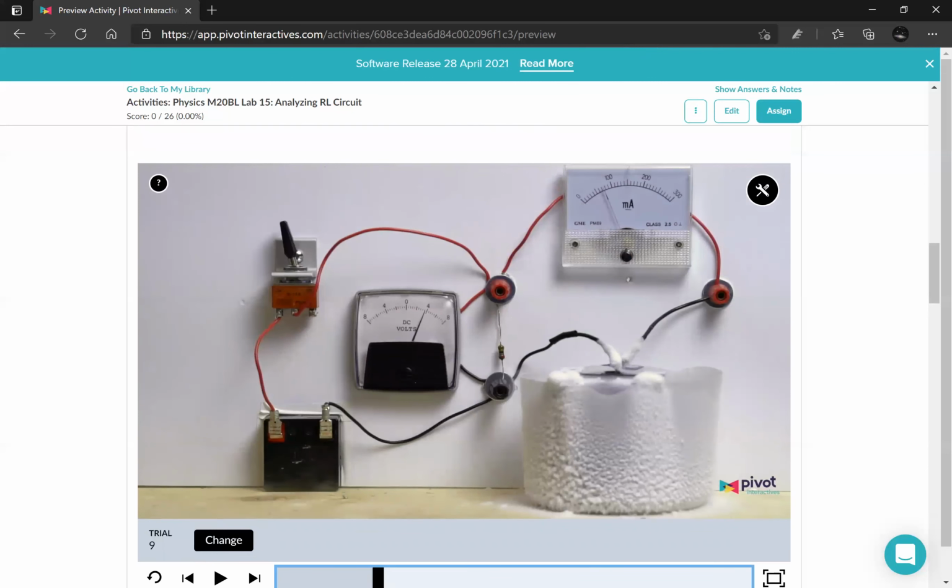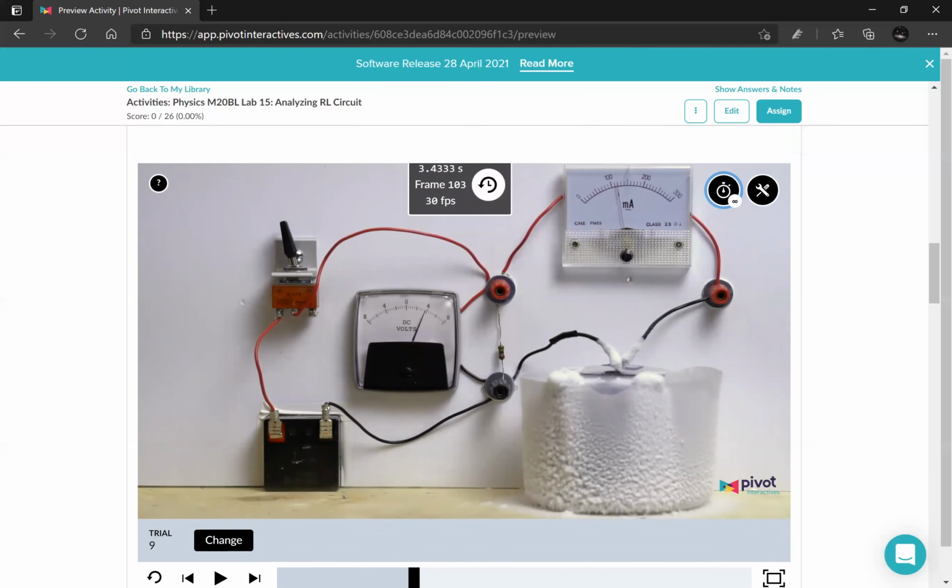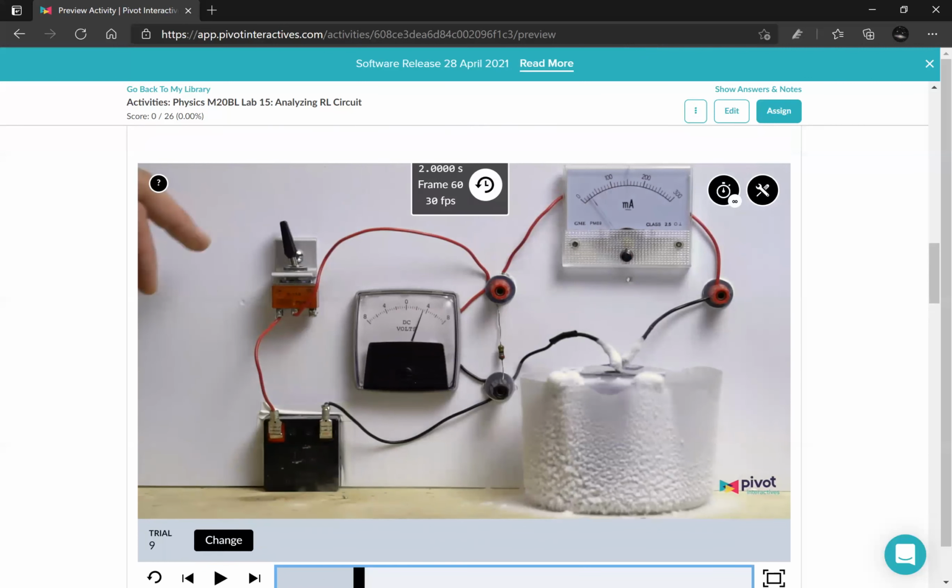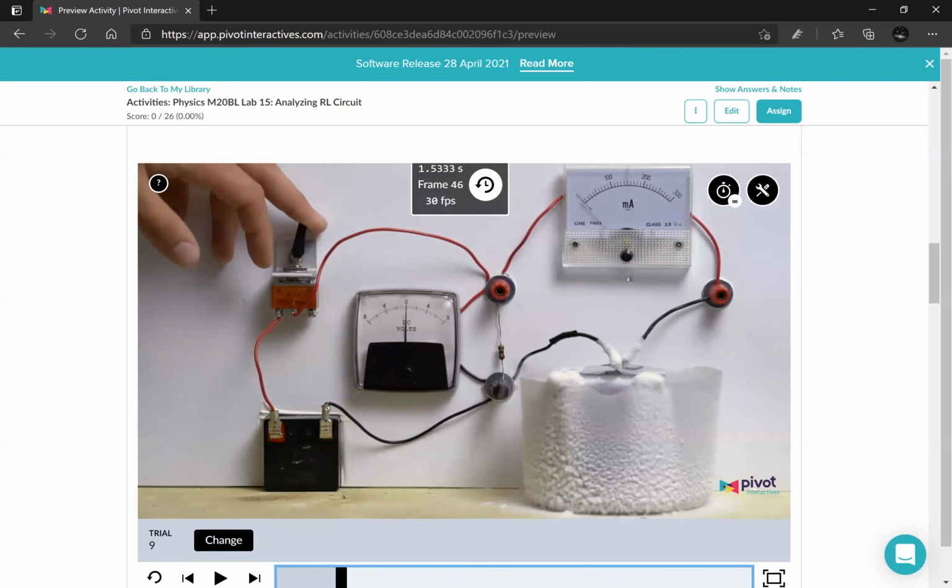For example, to show you at least one measurement, if I go back here, let's take out the timer, put it here, and find the instant when the switch is closed, right there. So reset.